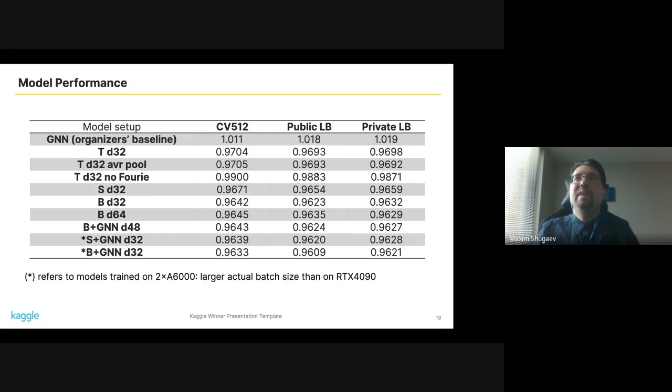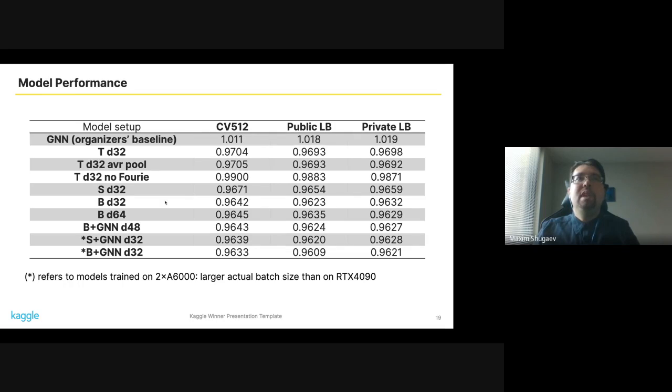Using the classification token or average pooling gives no significant difference, but we use the classification token to produce the final output. Also, we tried to run the transformer without the Fourier encoder, and we just projected the input variables to the transformer dimension. It gave 200 basis points worse results.